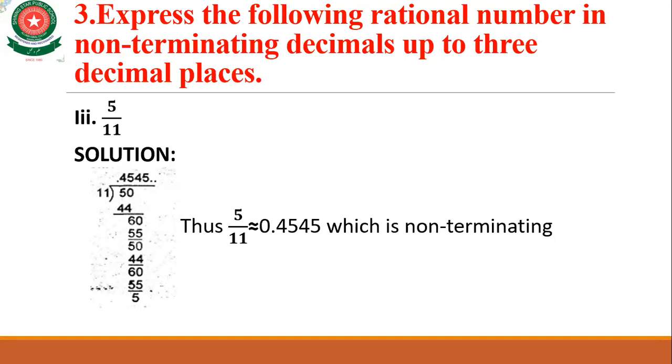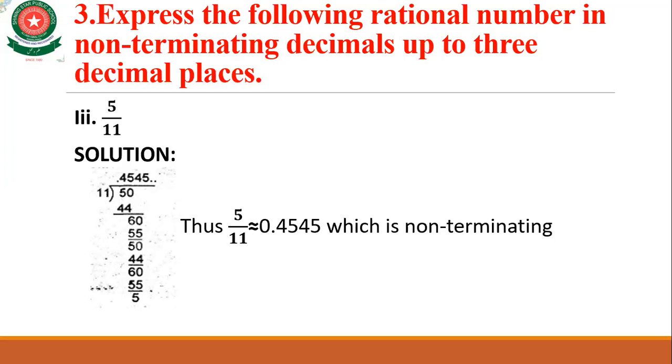So here you can see that first of all we have to put 5 inside the square root and 11 outside the square root, because we always put the numerator inside the bracket and the denominator outside.